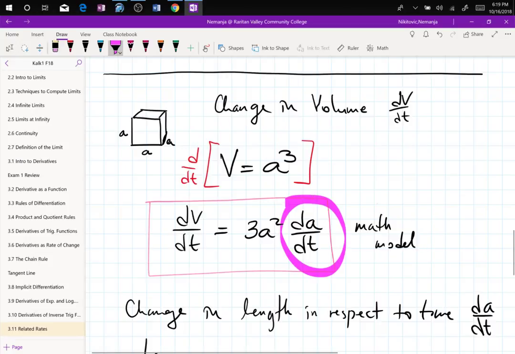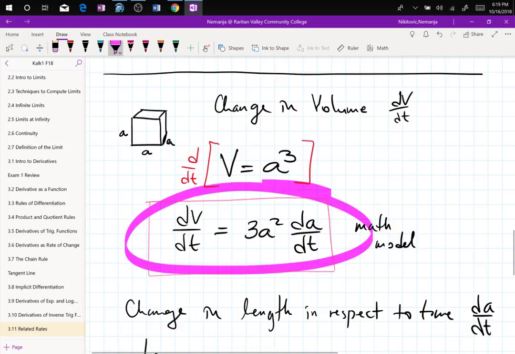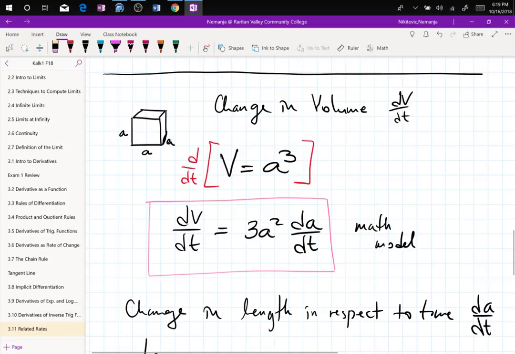So the length is lost. And because all of the sides of the cube are getting smaller, the entire cube is getting smaller, which means it's losing volume. So the equation which relates the loss of volume due to the loss of the length of a side, of the edge of the cube, is given by the formula that we have here.